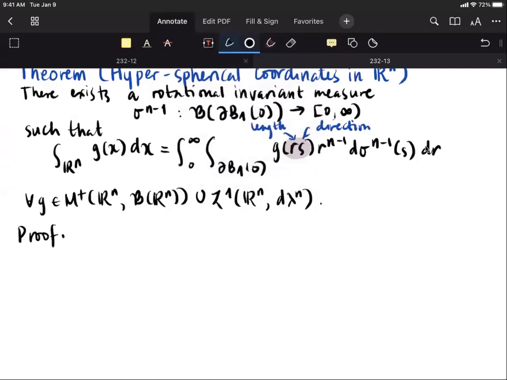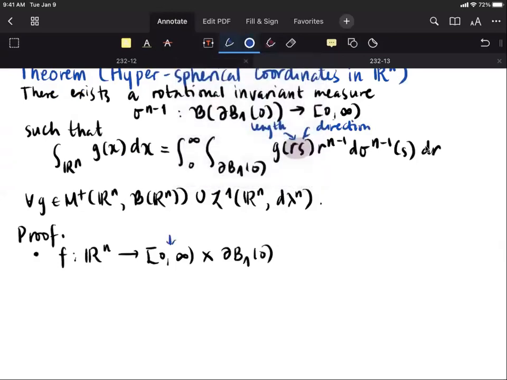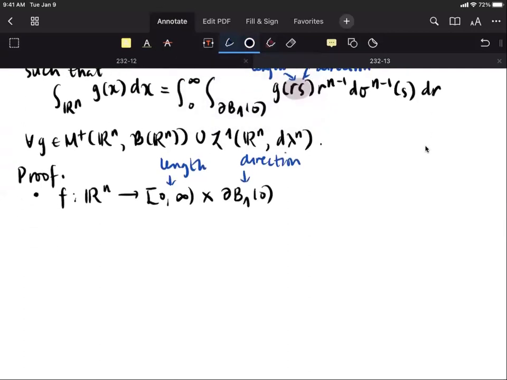We consider the following functions. First, let us define f from R^n into this Cartesian product. Again, this would be the length of your vector. This would be the direction of that vector. It is defined piecewise.